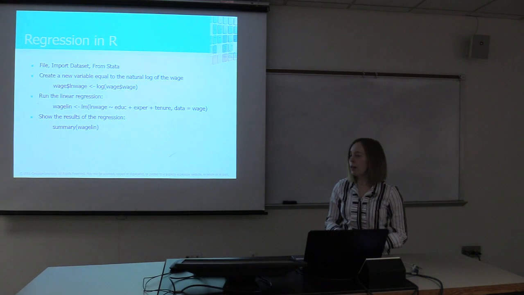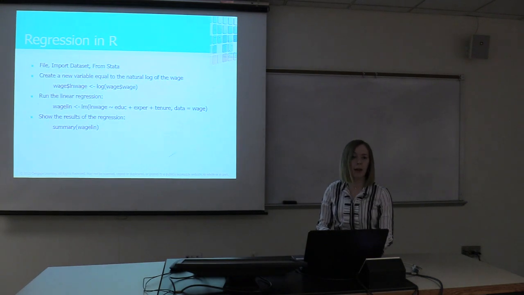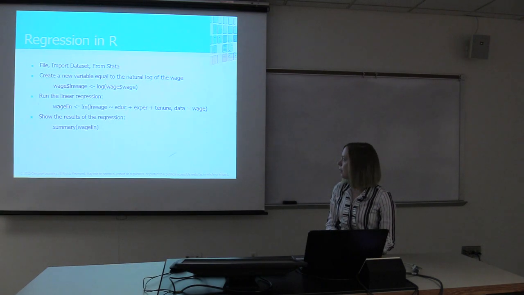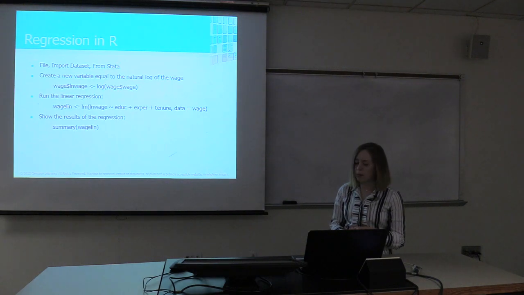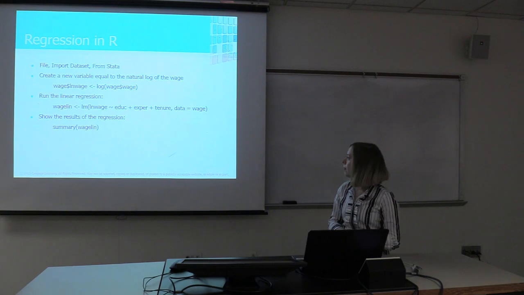So this is saying in the data set wage, I'm going to create a variable called ln wage. And what I'm going to put into that is the log. Log means natural log. So this is the natural log of the wage variable in the wage data set. Then once you've got that, you're going to go ahead and run the linear regression.